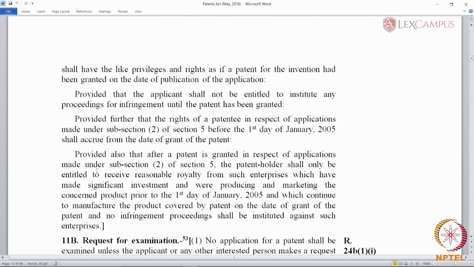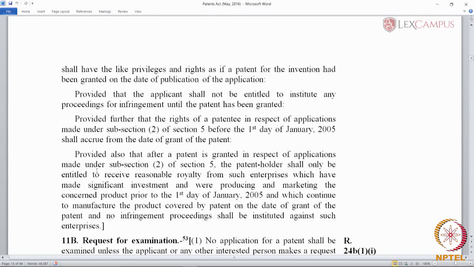In the case of a mailbox application, the rights accrue only after the grant, whereas in a normal application, some rights and privileges could accrue upon the date of publication of the application. So, where we had an arrangement for accepting applications through the mailbox, it is made very clear that the rights shall accrue only from the date of grant of the patent.